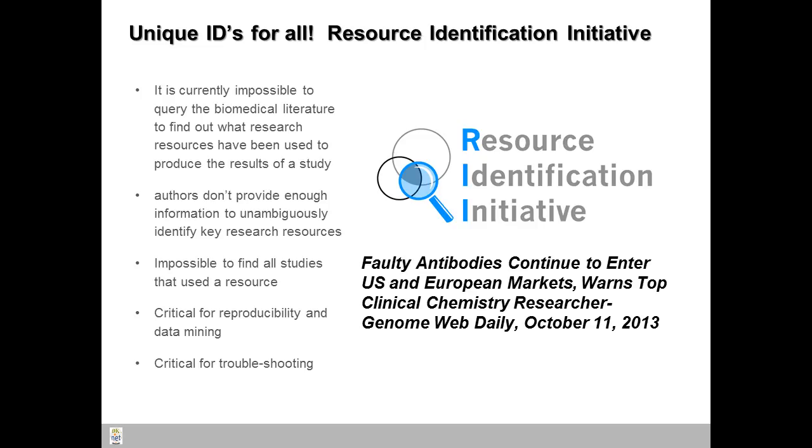And so we've heard multiple stories about how research can't be reproduced, that there are issues with certain types of reagents and certain types of contexts, and you're not able to right now find all studies that use a particular resource. It's very difficult, not just for researchers, but also for the people that make these resources available, for them to also track this in the literature.